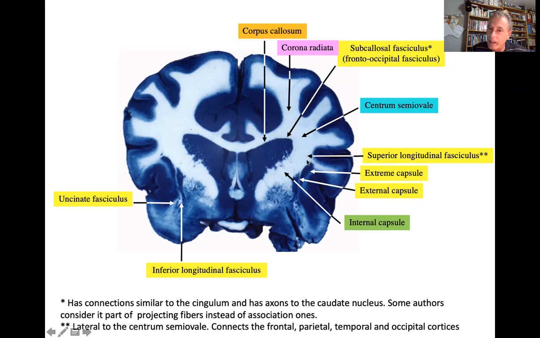We also have at this level the superior longitudinal fasciculus, formed by associative fibers that connect the frontal cortex with the parietal cortex and the occipital cortex. We also have the uncinate fascicle, which connects the temporal cortex with the frontal cortex, and the inferior longitudinal fasciculus that connects the occipital cortex with the temporal cortex.